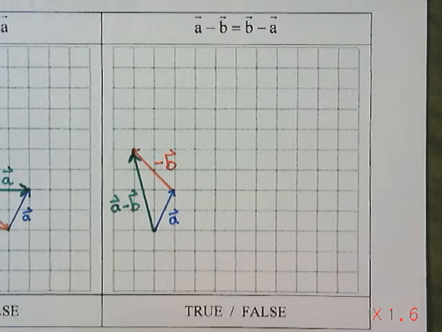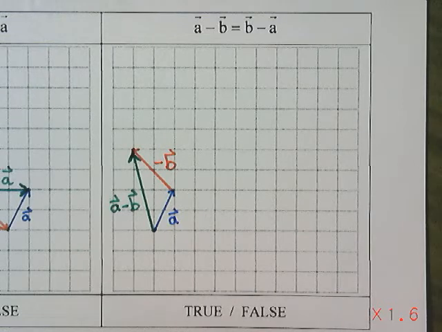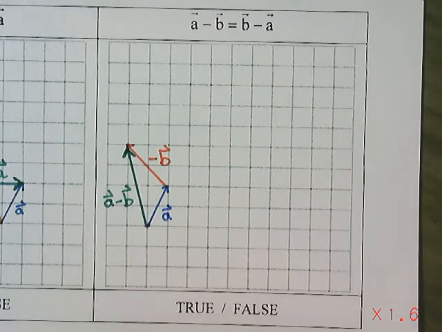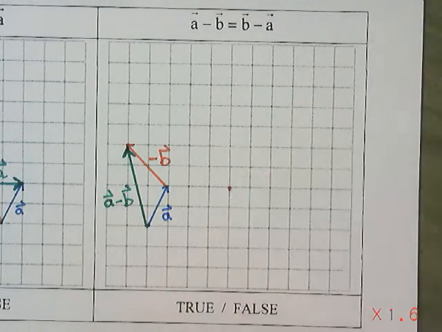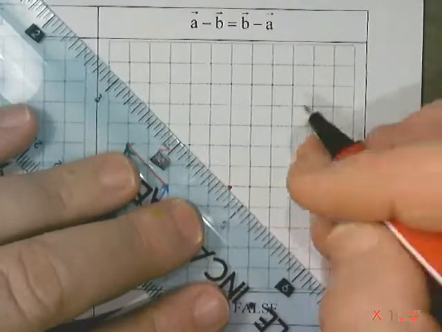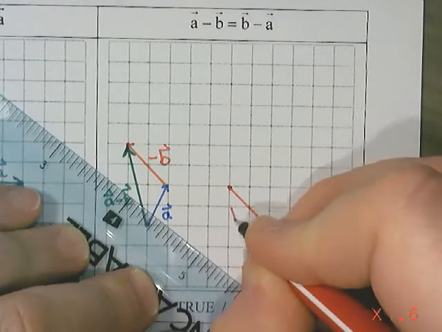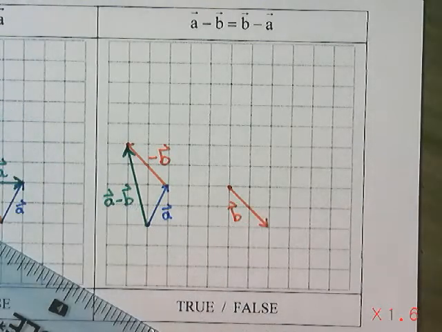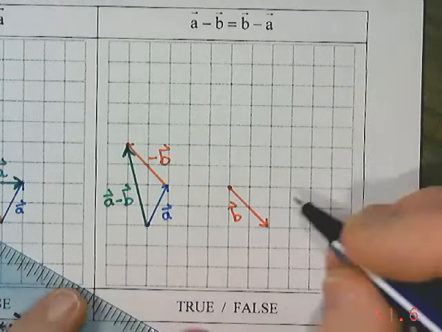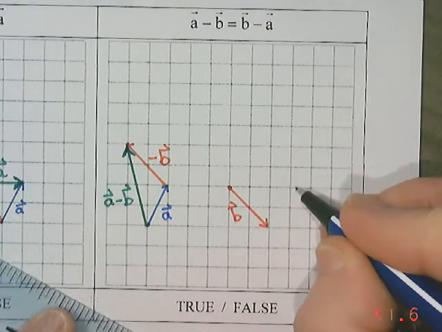Okay, and then we are going to try doing B take away A. So I'm going to start with B. Let's start here. So B goes 2 down, 2 over. And then we need to take away A. So A was going 2 up, 1 over.